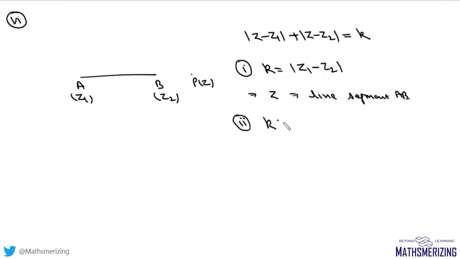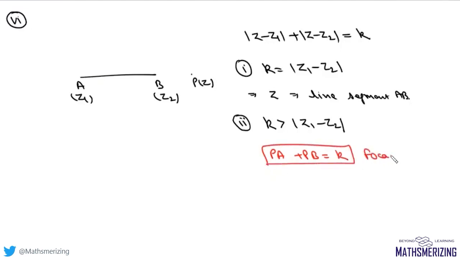And if this K is greater than mod of Z1 minus Z2, then in that case we can write this as PA plus PB is equal to some constant K, which is focal property of ellipse. We need this condition because this K, in that case, will represent 2A, and mod of Z1 minus Z2 will be distance between two focus, and it is 2AE.